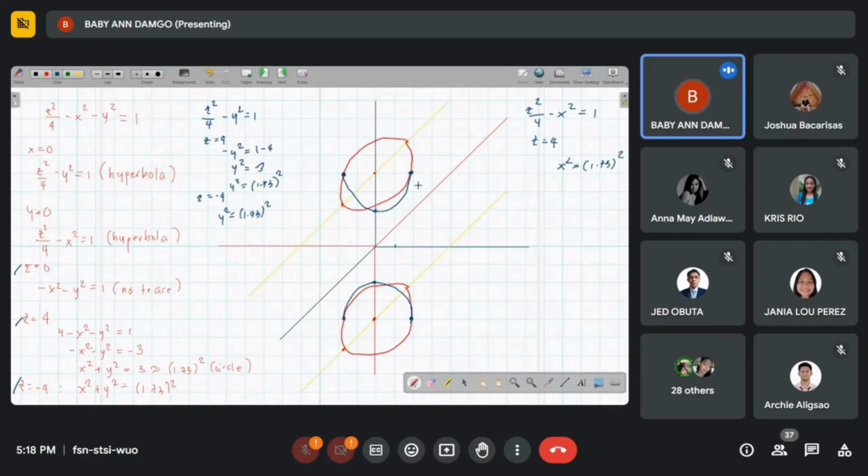It intersects with respect to x, 1.73. Let's color green. And then this one will intersect to this.